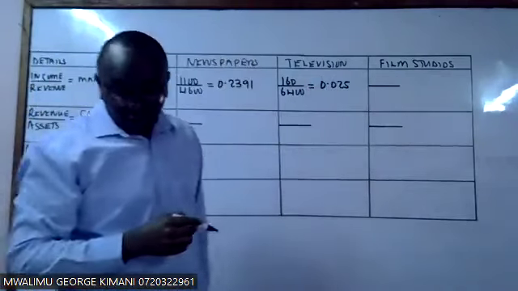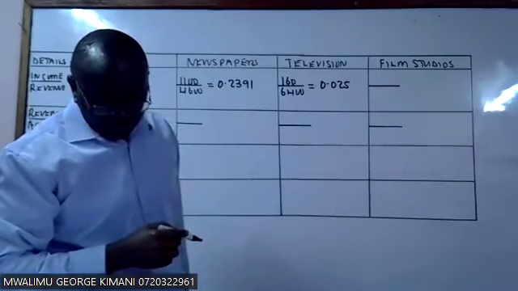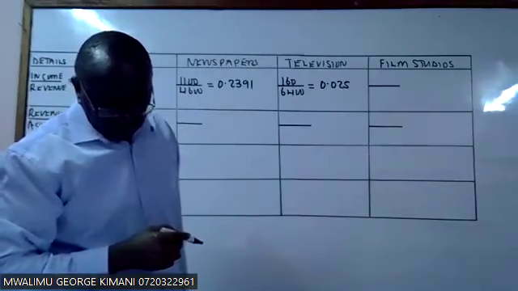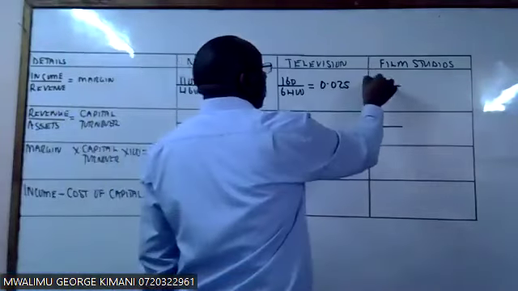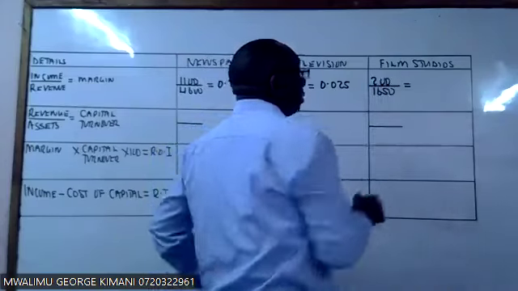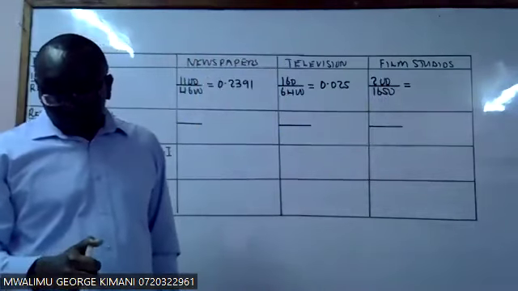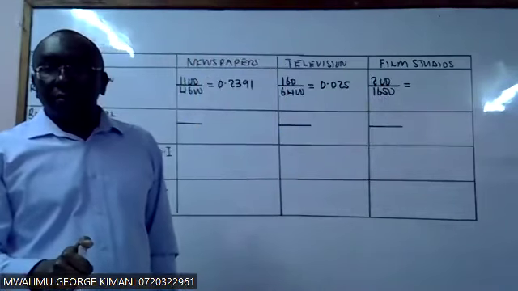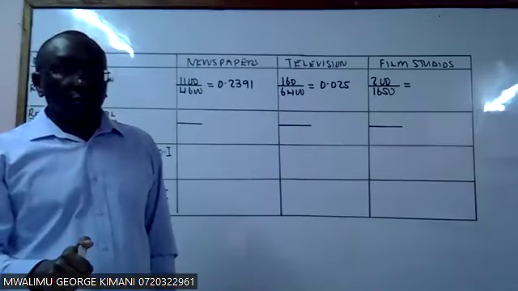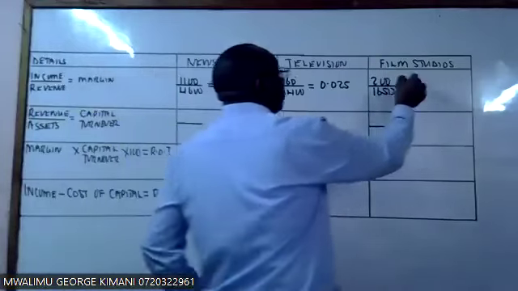When we go to the film studios, the income is 200, the revenue is 1,550. 0.1212.